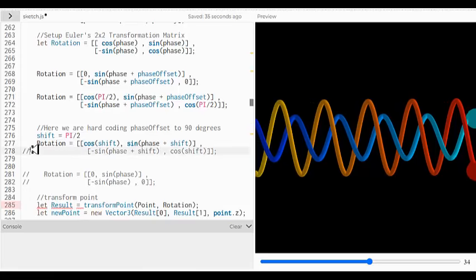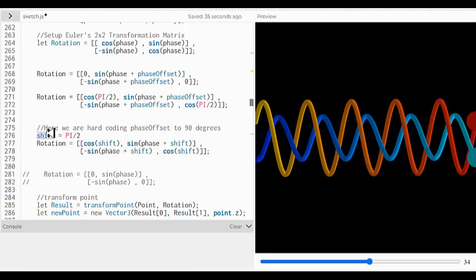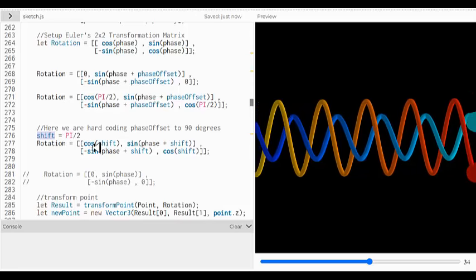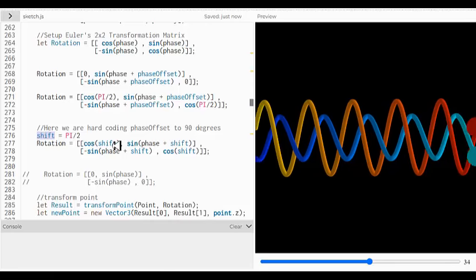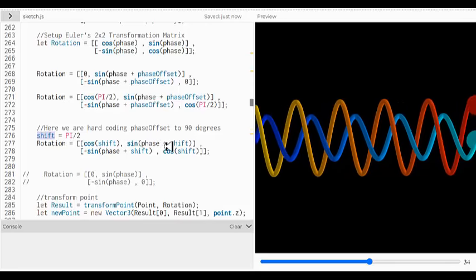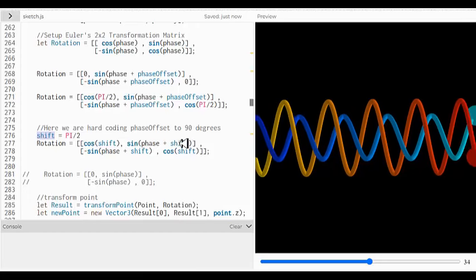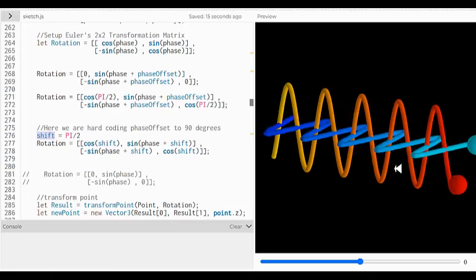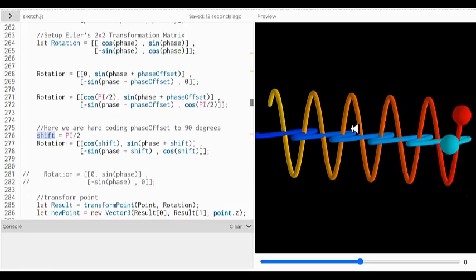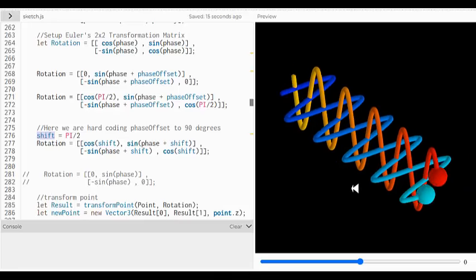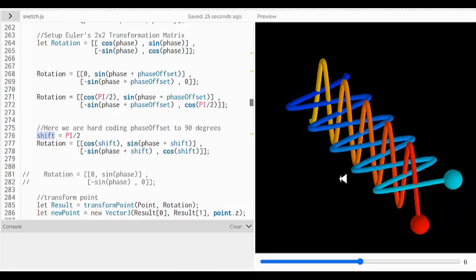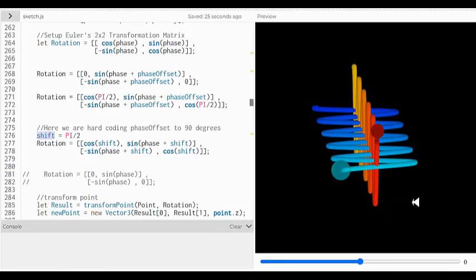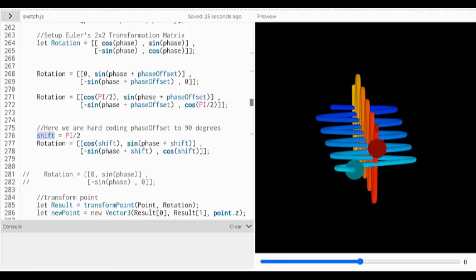So I'm just going to create a shift variable called pi over 2, and I'm going to set the cosine terms to pi over 2, and I'm going to set the sine term to the phase plus the hard-coded phase shift of pi over 2, and then you will see that we now have the electro component and the magneto component in phase in time, but out of phase in space. And you can see that where these two spheres are intersecting each other, they are in phase.